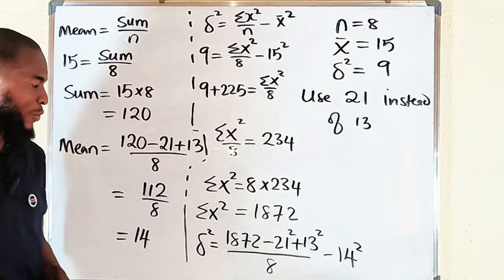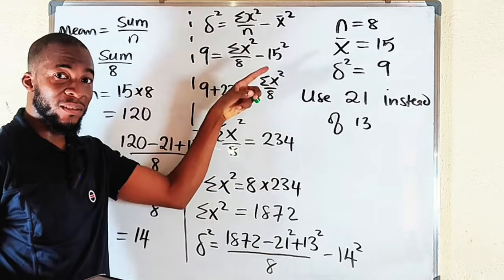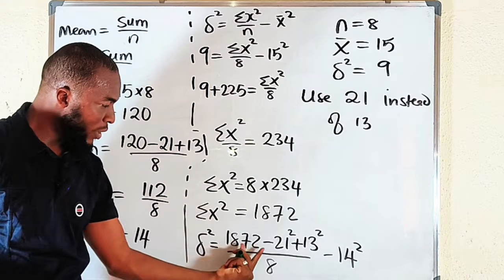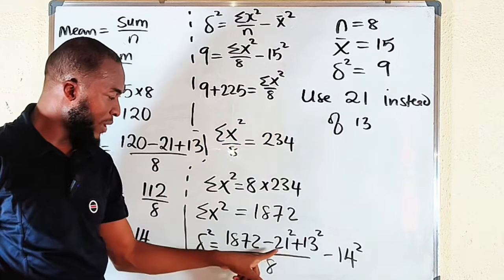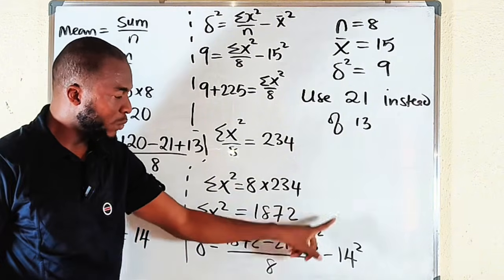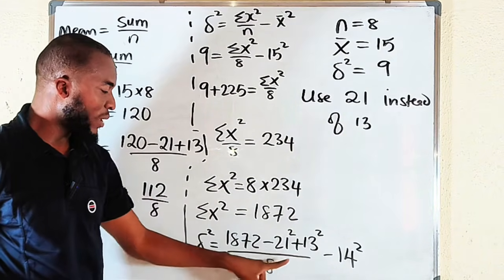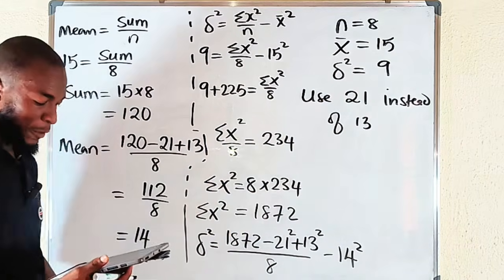squared. So now you can see that after getting the summation of all the xi's squared, which is this one, then we have to remove that wrong value, which is 21 squared, because all of the values here are being squared. Then you add the actual value, it should also be squared. Divide by the number of items, then minus the actual mean squared.